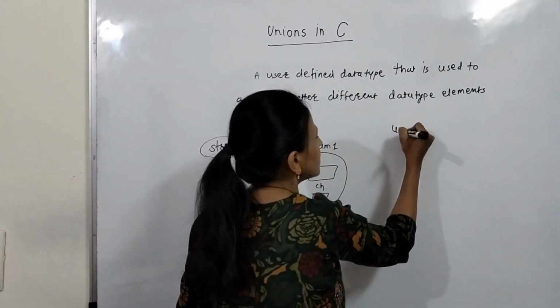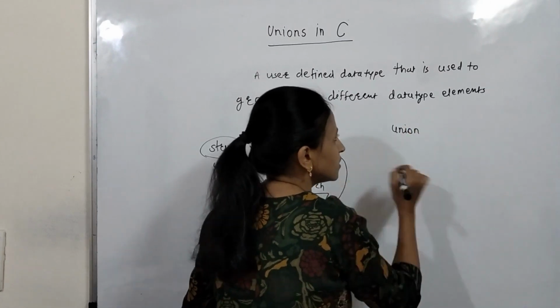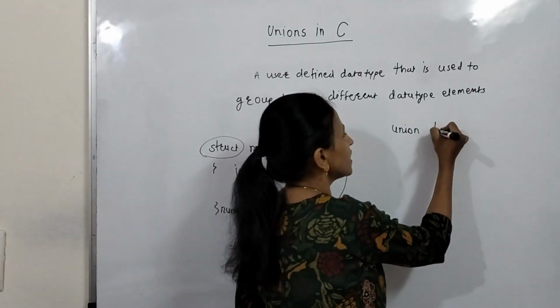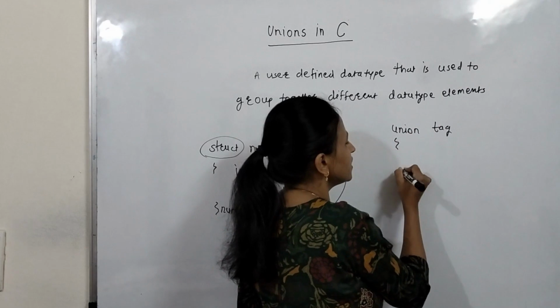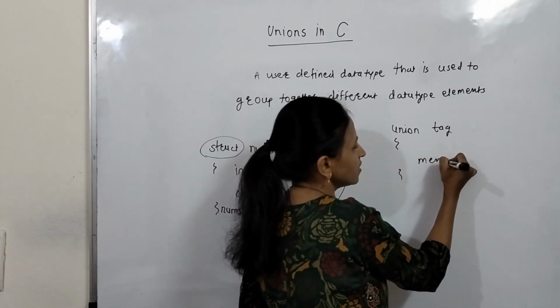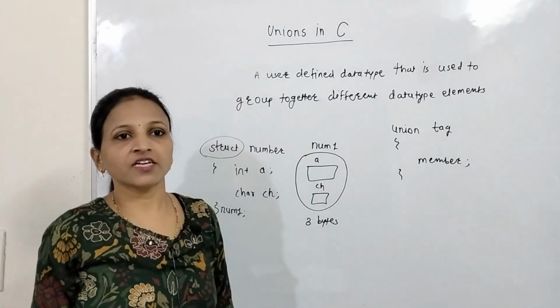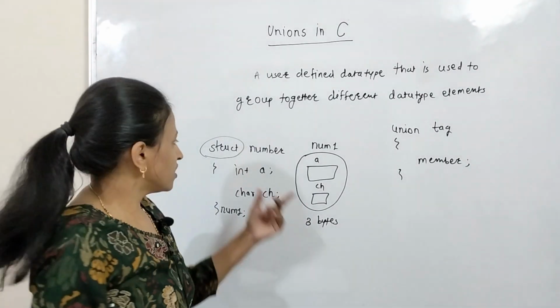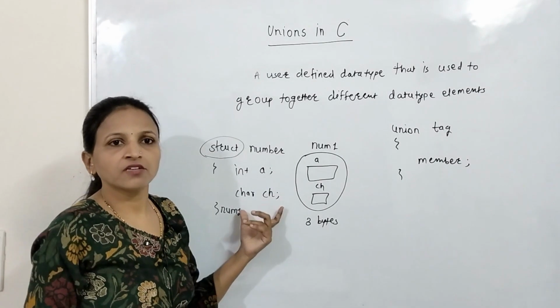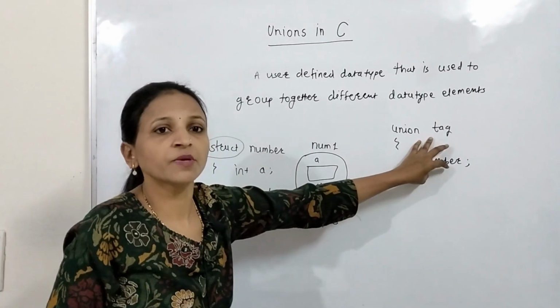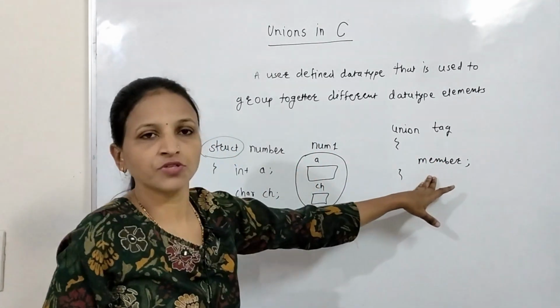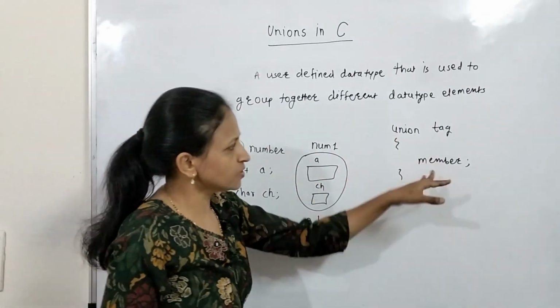See, what is the syntax to declare a union? Simple. The union keyword we have to use. Then the tag. Tag is nothing but any name we can give to that union, and here we have to mention the members of that union. Members should be defined just like variable declaration. Like here I am declaring one integer variable, character variable. Those are nothing but members of that structure and union. Because the same structure we have to follow.